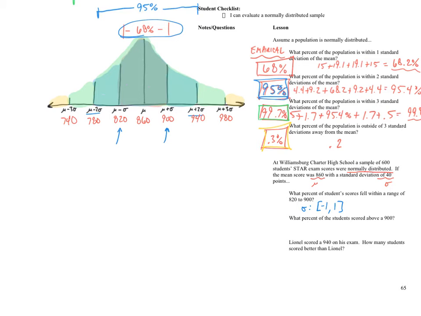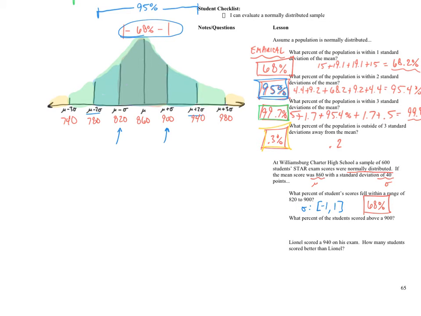So due to the empirical rule, approximately 68% of our population is within that range. So if you went to the school and grabbed a kid at random, you'd have, with 68% certainty, an idea that that kid's score was between 820 and 900, because the data is normally distributed.